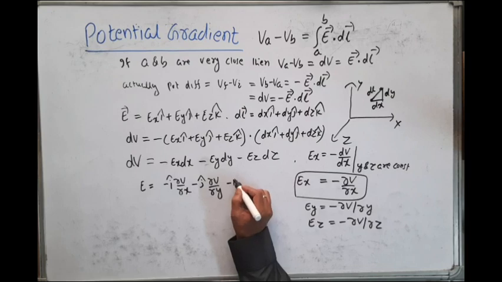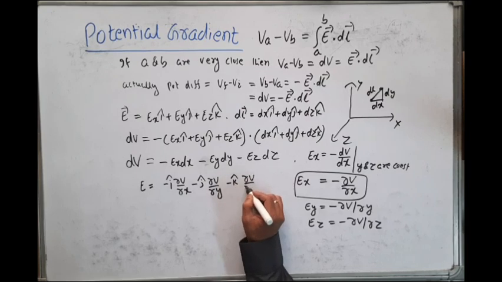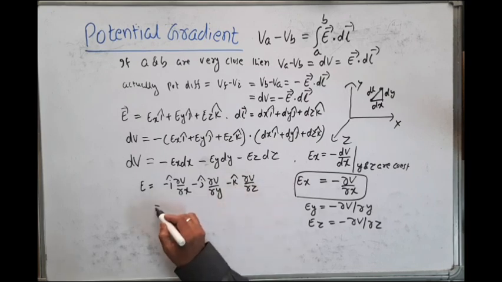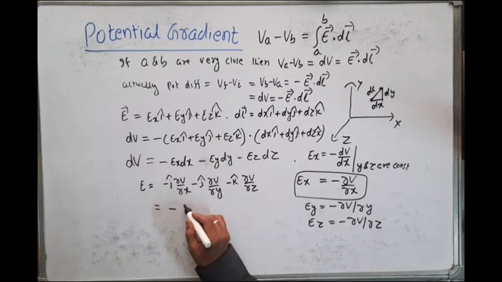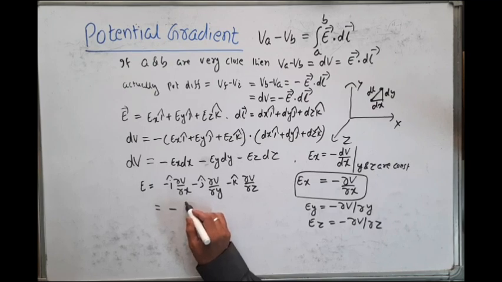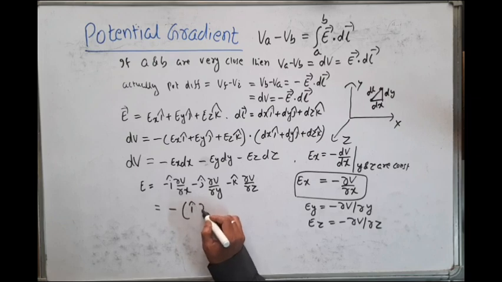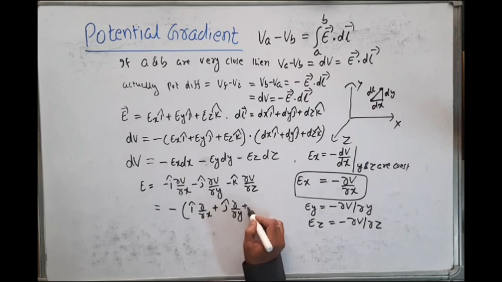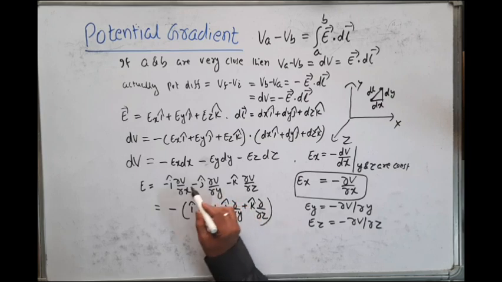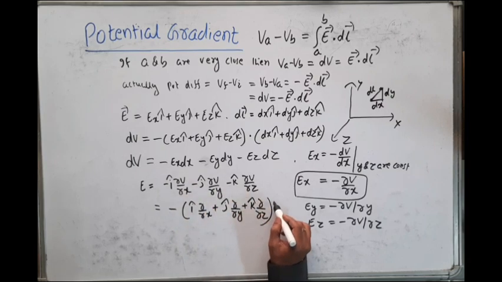So that can be written as minus, i cap dou by dou x plus j cap dou by dou y plus k cap dou by dou z, and I am taking V common.